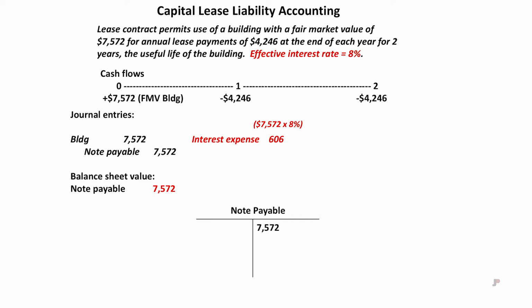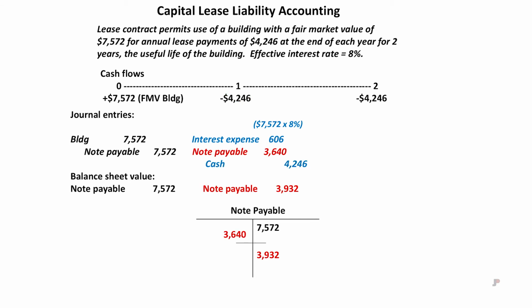At the end of the first year, when the $4,246 cash payment is made, the cash account is reduced and interest expense is recorded at $606, the 8% effective rate multiplied times the $7,572 balance sheet amount at the beginning of the year.